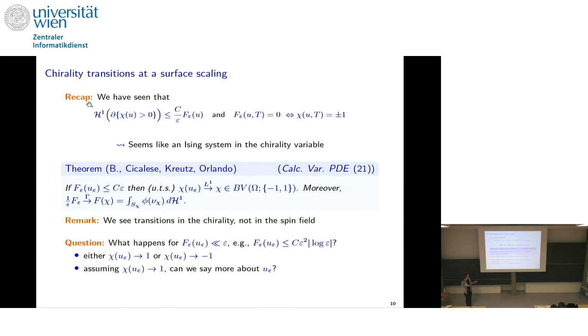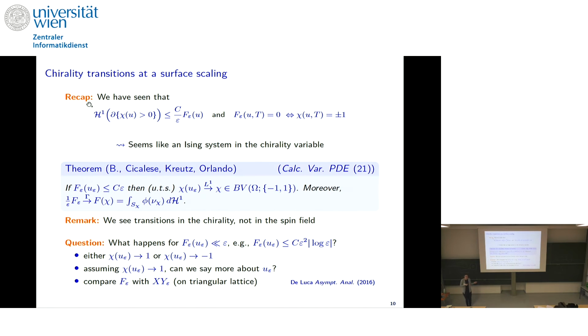Okay, so now let's assume that my chirality converges to 1. Can we say something about u epsilon, or let's say another quantity related to u epsilon, to control a bit the rotations that we saw before?